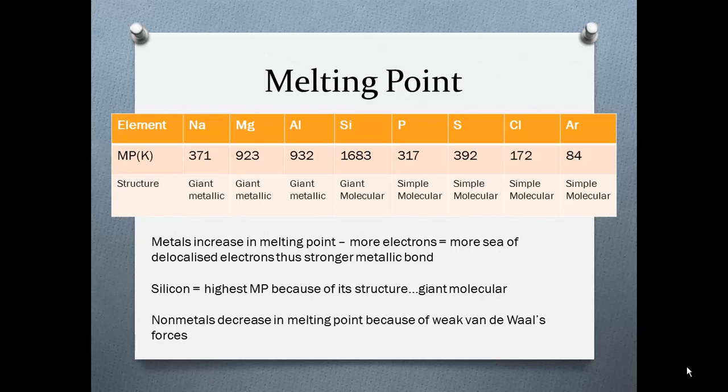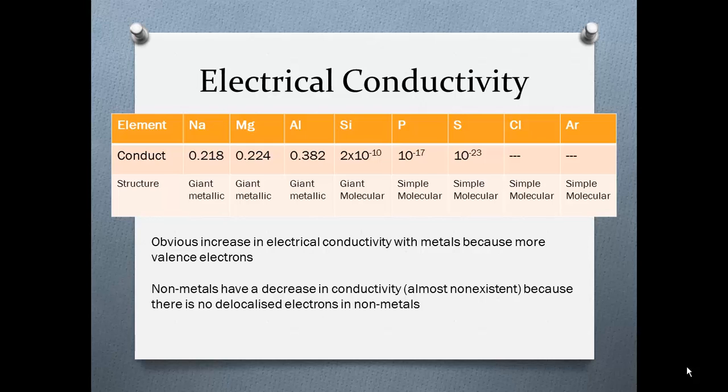So everything goes back to atomic radius. So metals, more electrons, higher the melting point. The metalloids like carbon, boron, they're giant molecular, so they have higher melting points. And then with the nonmetals that are simple molecular, the smaller they are, the weaker their van der Waals forces are, therefore they're easier to melt.